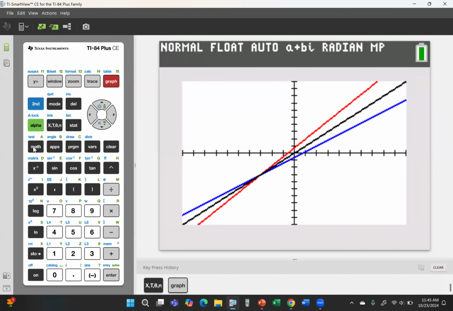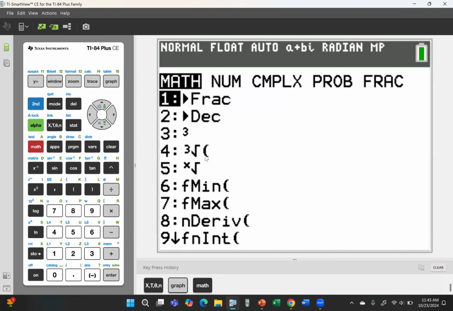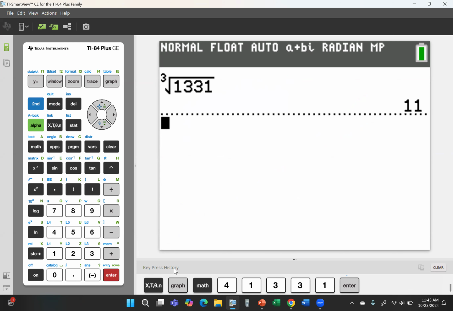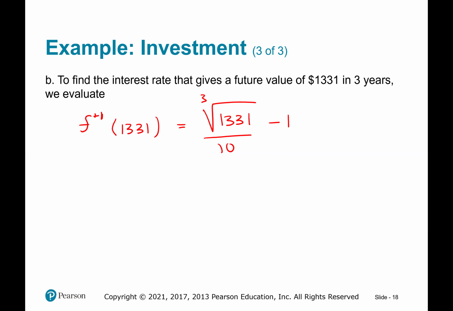So math number 4 is the cube root. We're finding the cube root of 1,331, which is 11. So is that 11 over 10 minus 1?